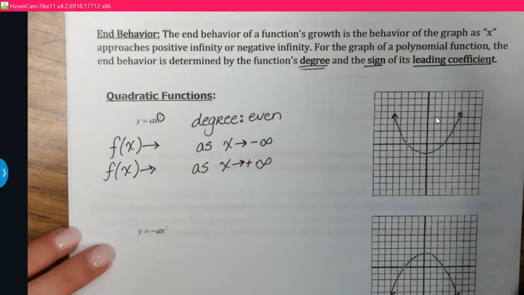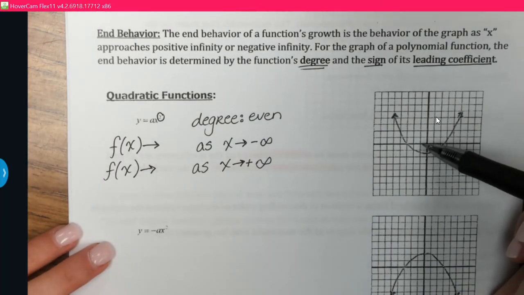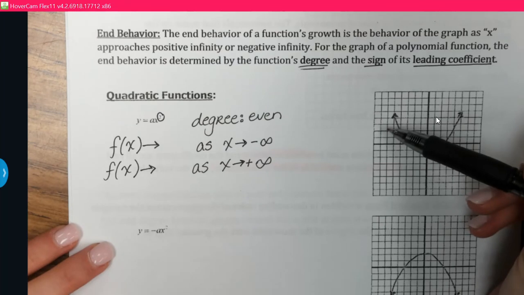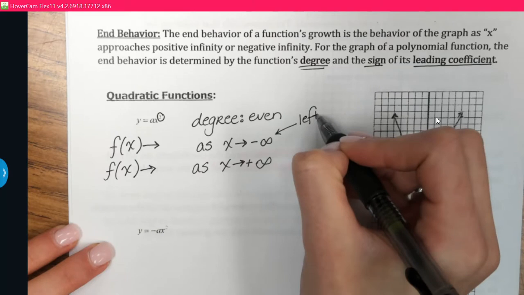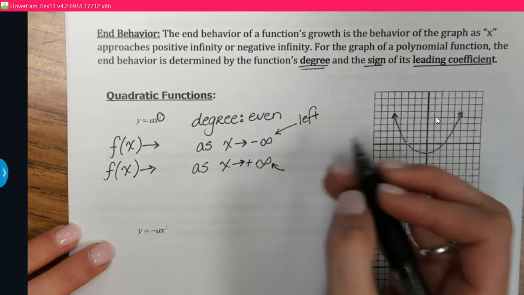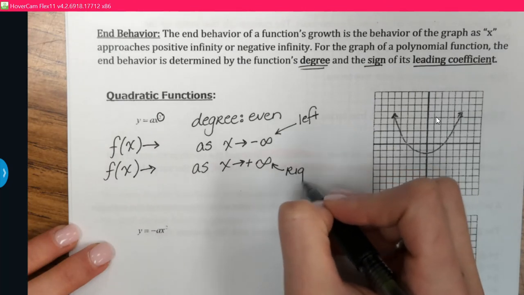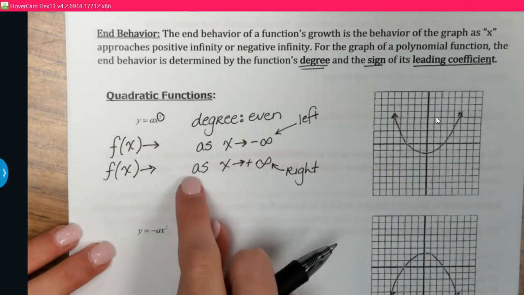So what does that even mean? Really what we're looking at is, what is the end behavior on the left side of my graph? That's what negative infinity is. And then what happens to my graph on the right, which is when x is going to positive infinity. So pretty much this is my template for end behaviors.